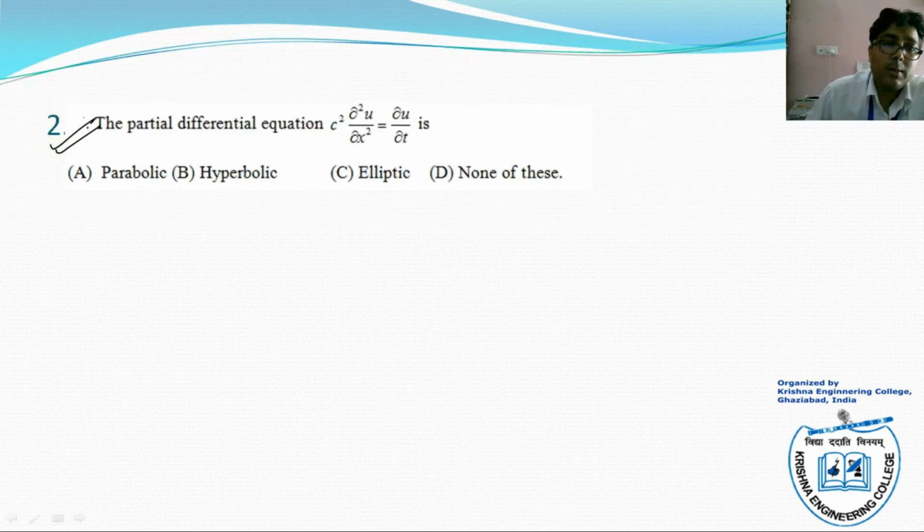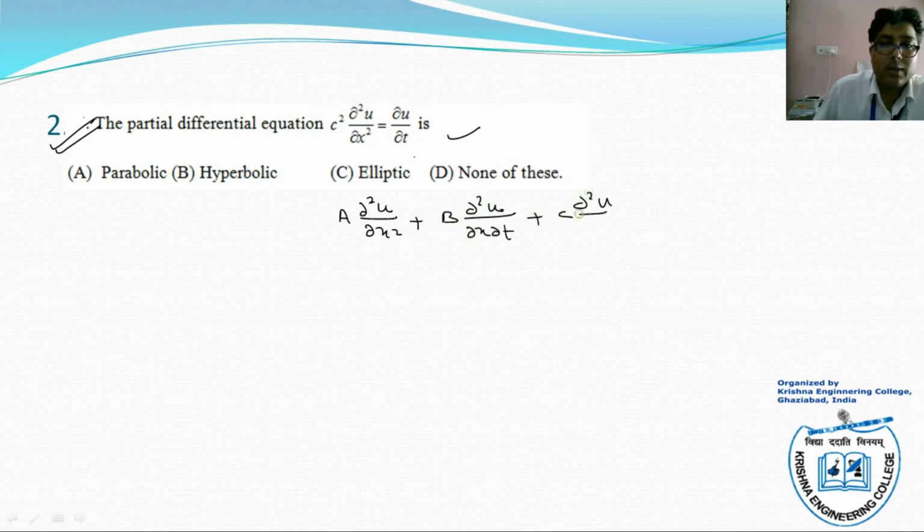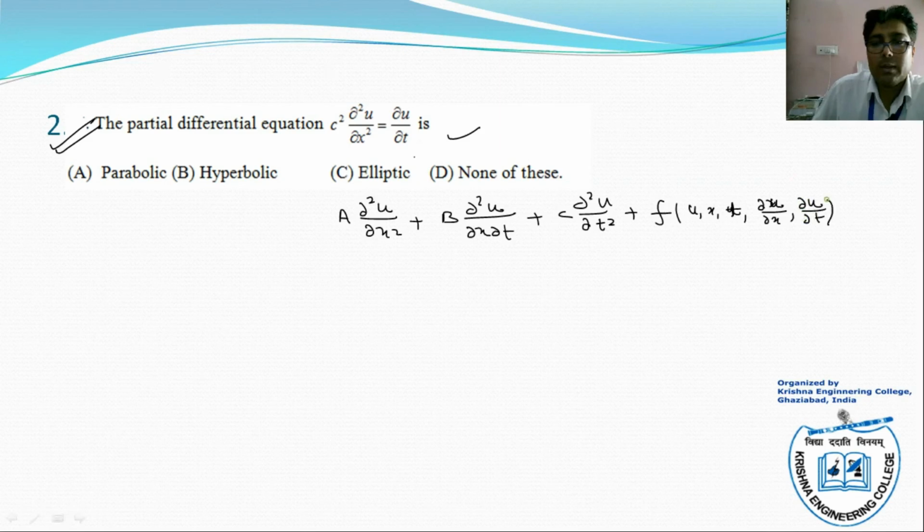The problem: classify the partial differential equation. The partial differential equation in this problem is again a problem of classification. So comparing the equation with the standard form, here there are two independent variables x and t. So the general equation is a del square u over del x square plus b del square u over del x del t plus c del square u over del t square plus some f of u, x, t, del u over del x, del u over del t is equal to 0.